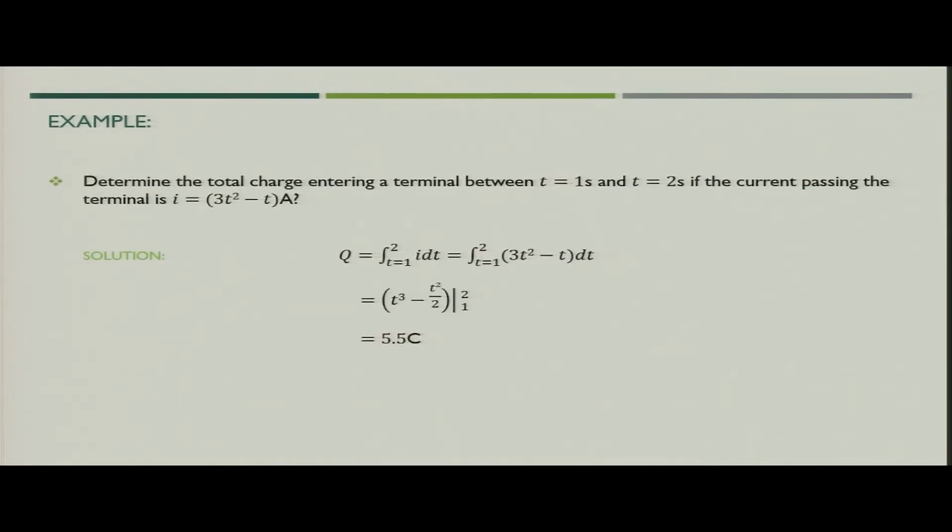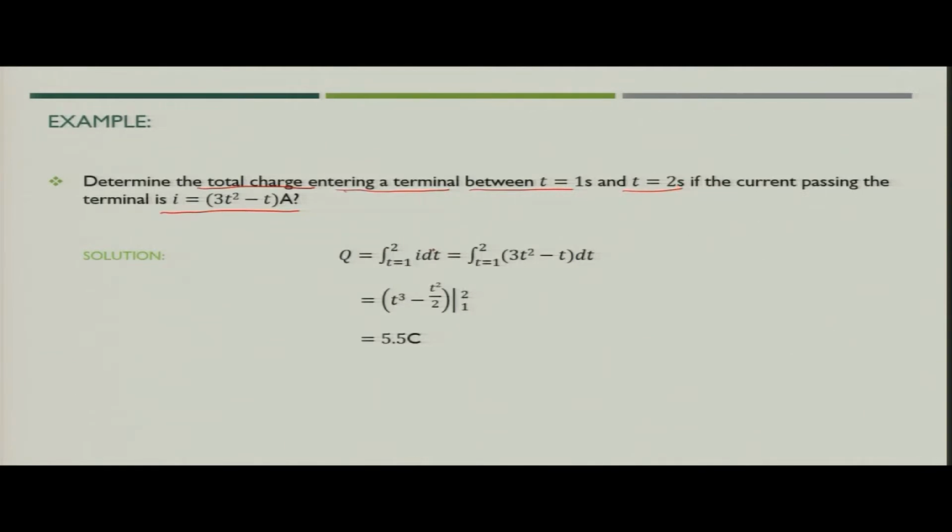Now, instead of charge, if current is given, say in this example i equals 3t² minus t ampere, and you are asked to find the total charge entering an electrical terminal between t equals 1 second and t equals 2 seconds, how will you calculate?